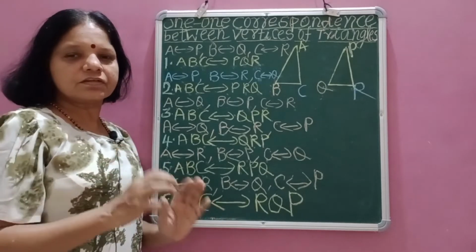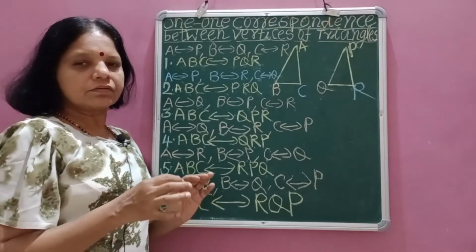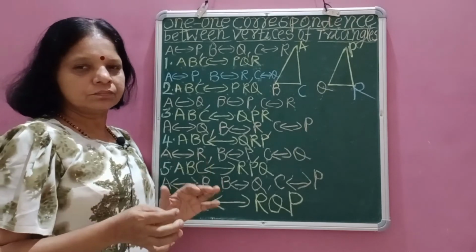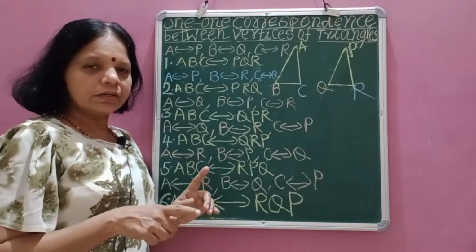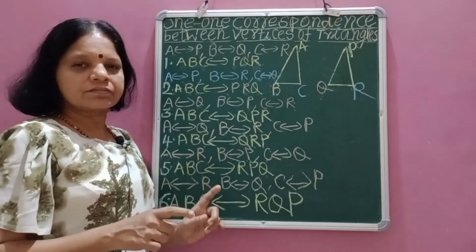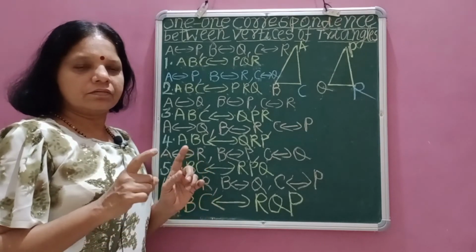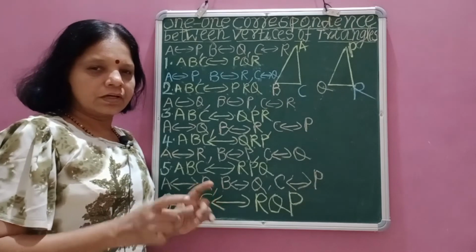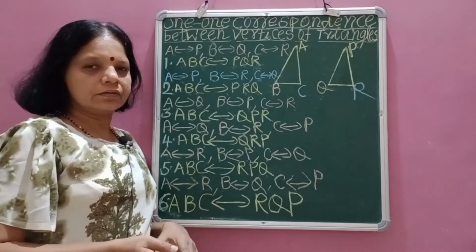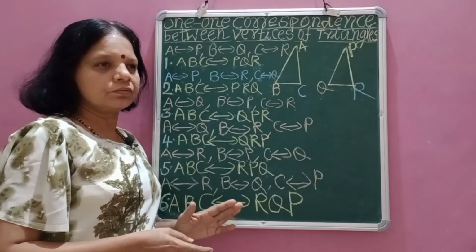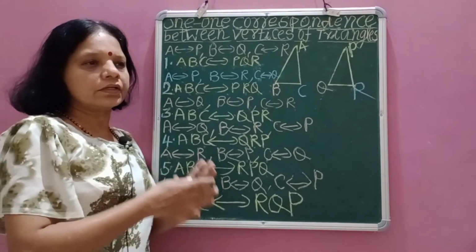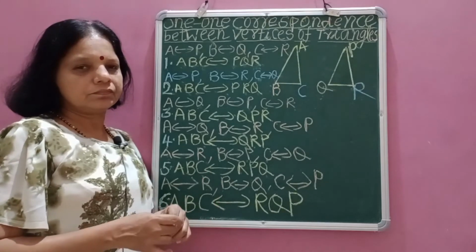In this way, 6 ways of correspondence are possible, but only one case exists at a time while relating similar triangles. So you have to know by which correspondence the triangles are similar.